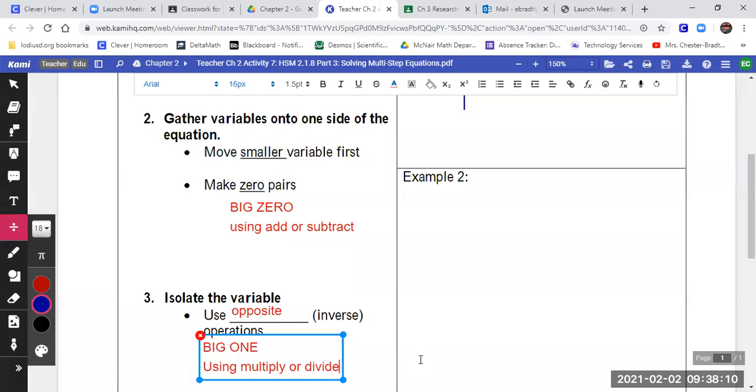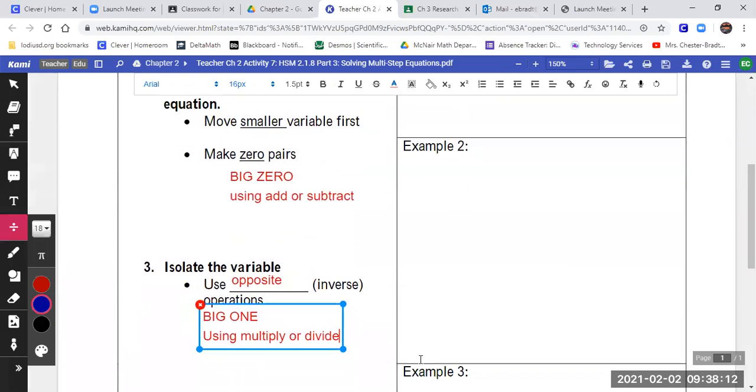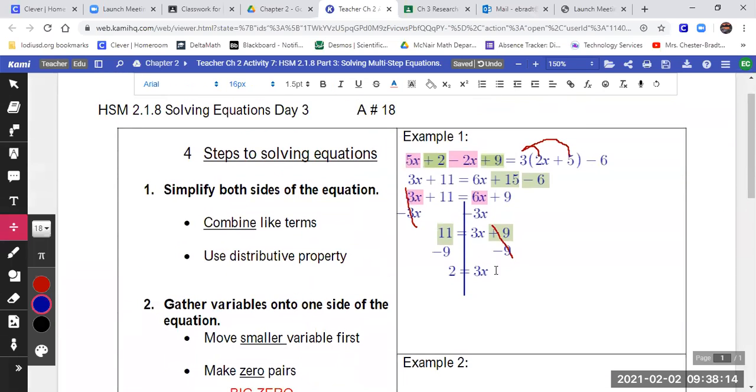I need that 3x alone. The 3x is there. I need just an x. I need to big 1 what's with the x. So what's stuck on our x right now? The 3. So we have to undo what's stuck on.